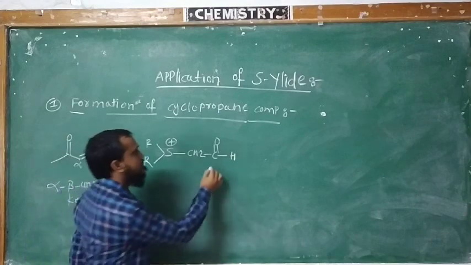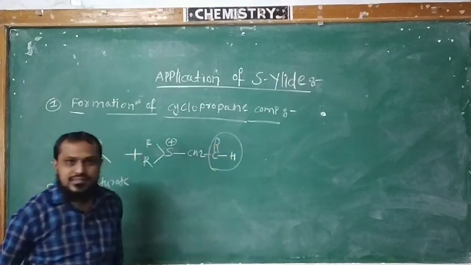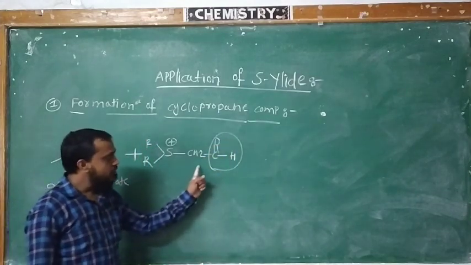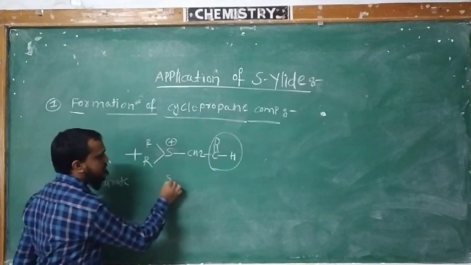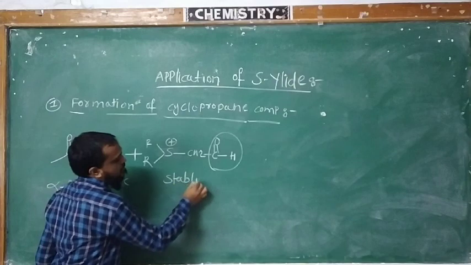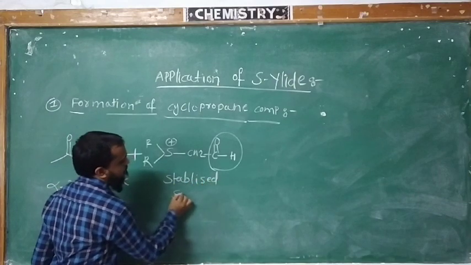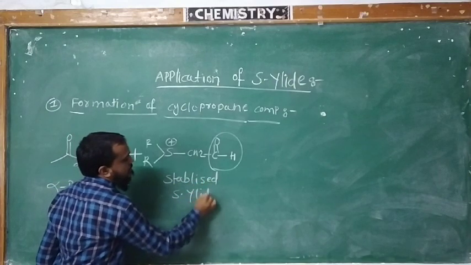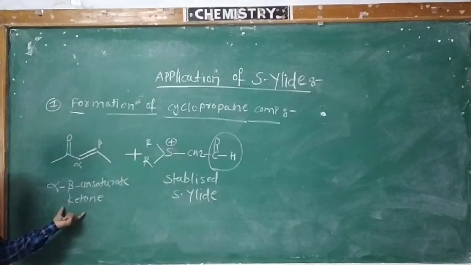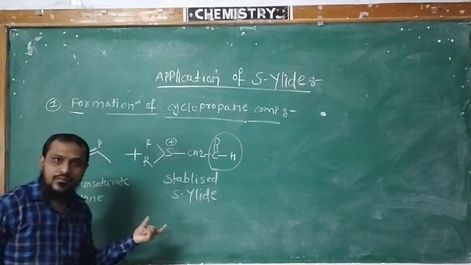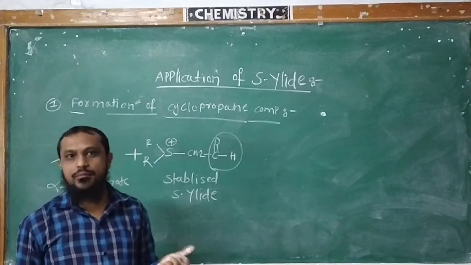This group is electron withdrawing, sulfur ylide. When stabilized sulfur ylide is treated with alpha beta unsaturated ketone, it forms a cyclopropane compound.